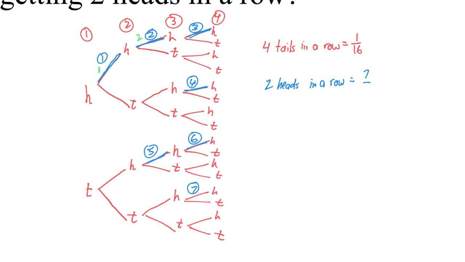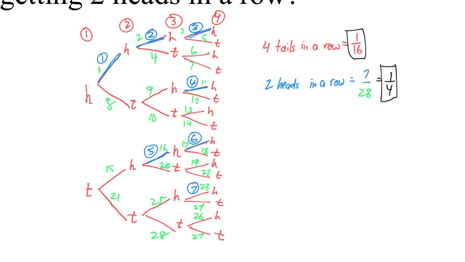There's 1, there's 2, there's 3, up to 27. There's 28. 7 out of 28. And that simplifies to 1/4, or 25% of the time you would have 2 heads in a row. These are the 2 answers for probably the hardest question on the whole quiz.